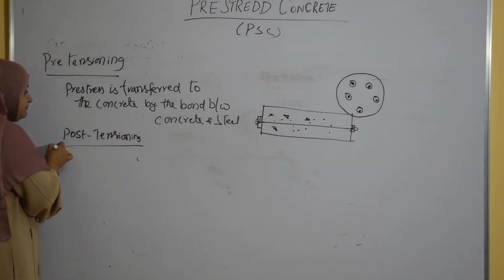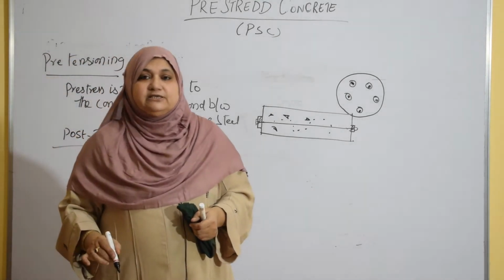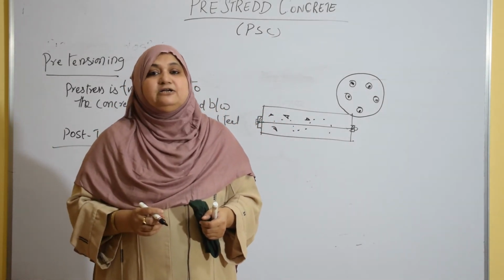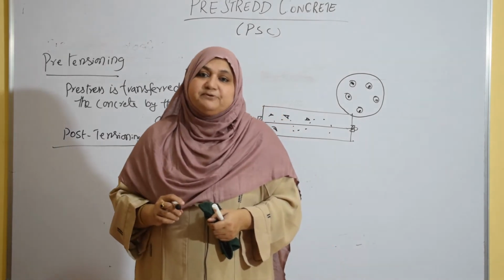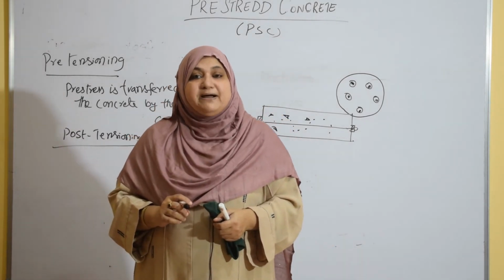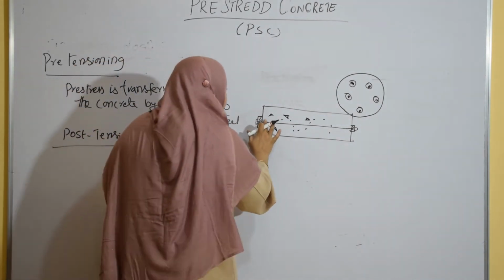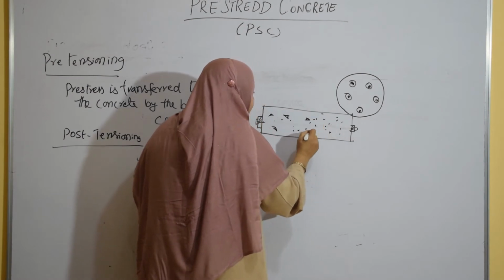So what is happening in post-tensioning is, we are tensioning the steel against the hardened concrete. Okay, this is also a method of pre-stressing the concrete by tensioning it against the hardened concrete. That means first concrete will be poured in this beam. Okay, I am just showing you one example.